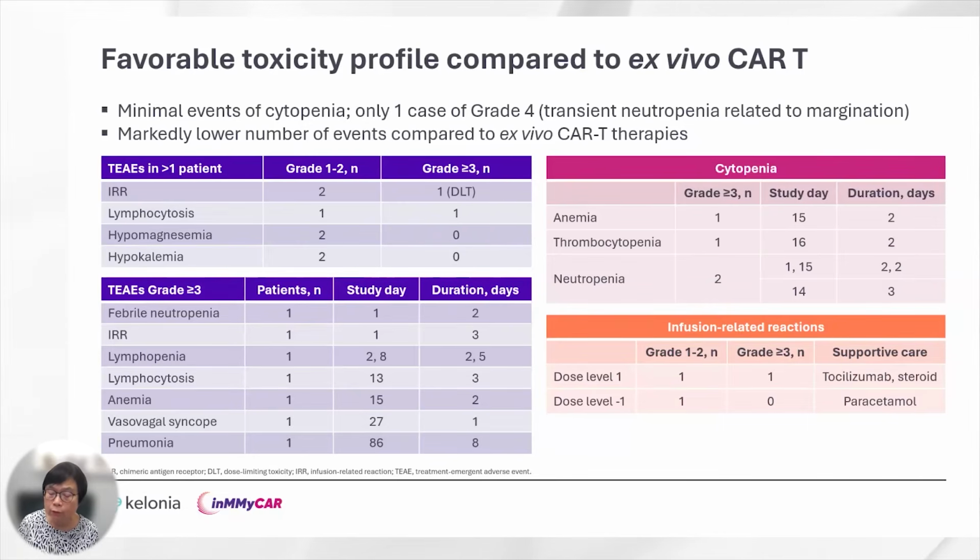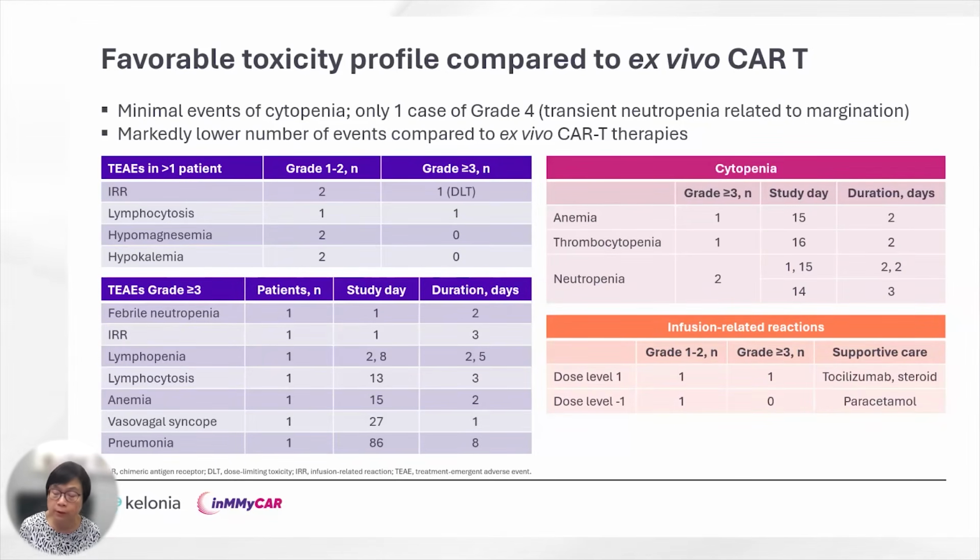There was one grade 3 infusion reaction with 2 others of lower grades. They all resolved with tocilizumab and steroid at dose level 1, and the infusion reaction at dose level -1 only required paracetamol. The adverse events of grade 3 with the other profiles shown on the bottom left were all manageable and promptly resolved.